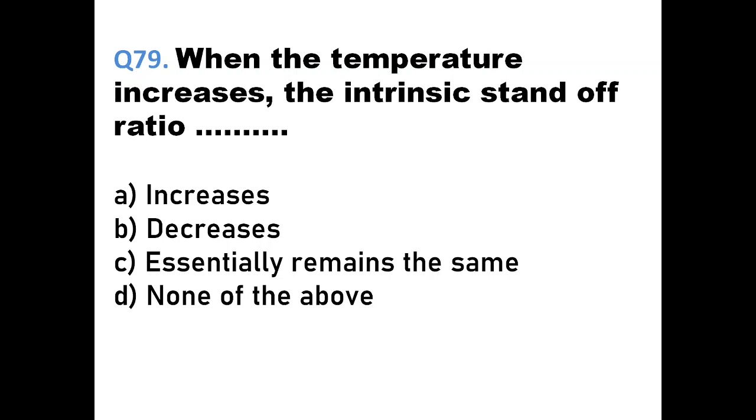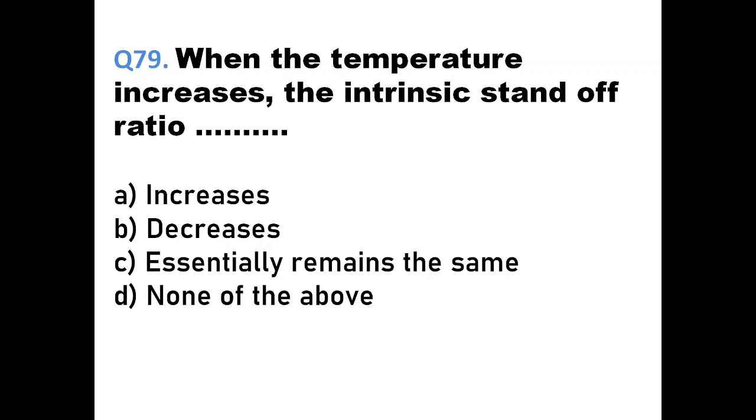So when the temperature increases, whatever effect happens to the resistance, when you are speaking about a ratio of resistance, the ratio should not change. That means in this case the answer should be C, it essentially remains the same.